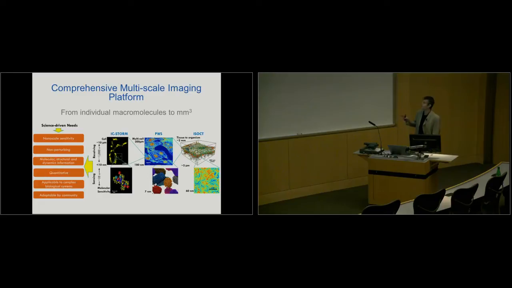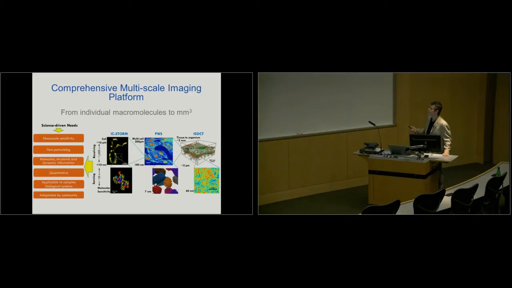Just to summarize, what this platform allows us to do is to go all the way from macroscopic tissues, 3 millimeters across, down to the nanometer scale and essentially individual molecules. So we talk about nanoscale sensitivity. There is no perturbation because you can work with live cells and tissues, and no labels.